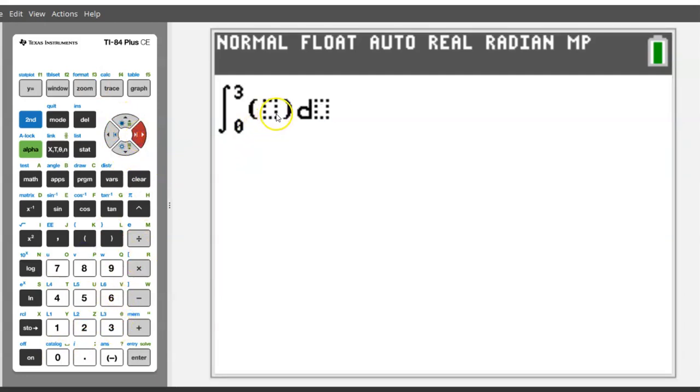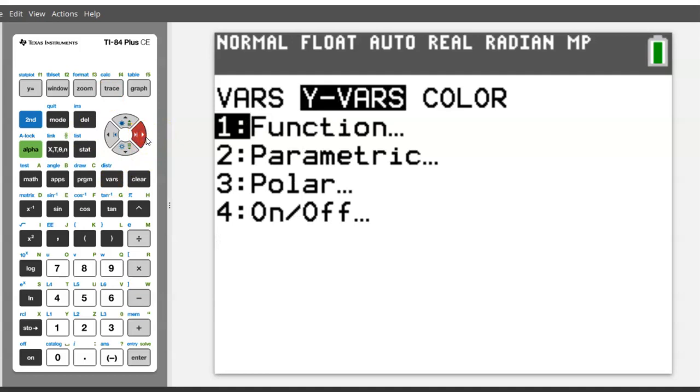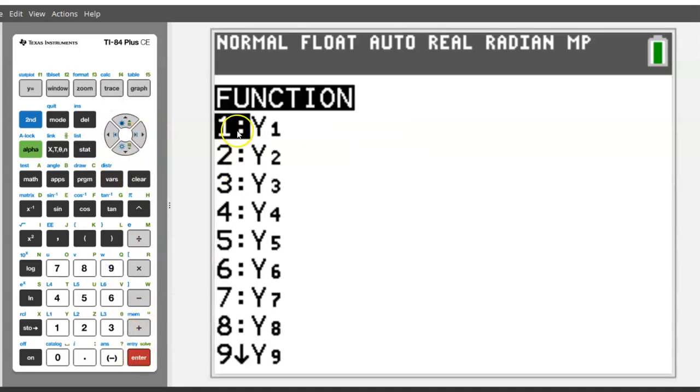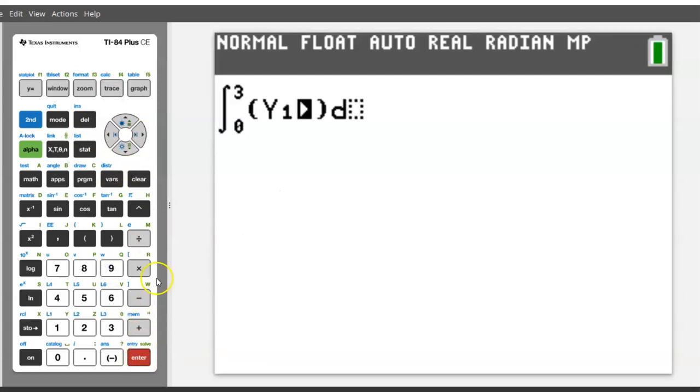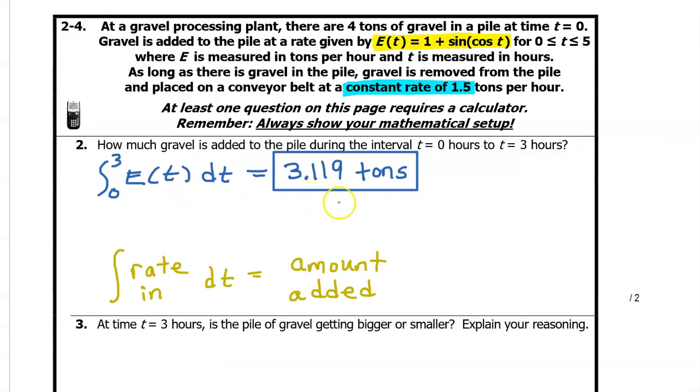We typed e of t into y1. We can access this by typing vars, switching over to y vars, hitting enter, and choosing y1. And dx. That's it, 3.119. So that's it for problem number 2.